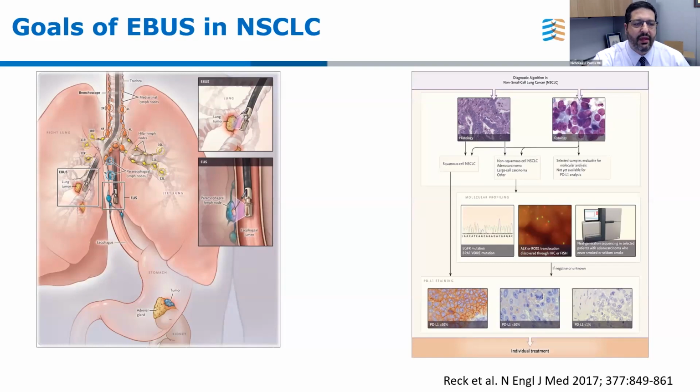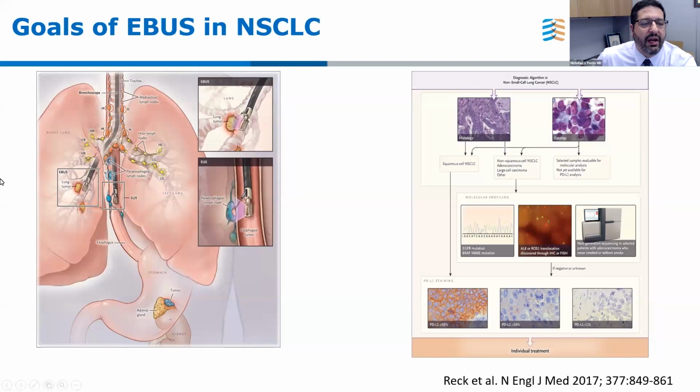So really, this is just a nice picture to start with. This is the EBUS bronchoscope in the lung. On the left side of the screen, you can see the different lymph node stations. And really, the point here is that the EBUS bronchoscope is probably one of the most important inventions in pulmonary medicine in the last 20 years. You have almost complete access to the mediastinal and hilar structures for diagnosing and staging cancers and diagnosing other disorders.